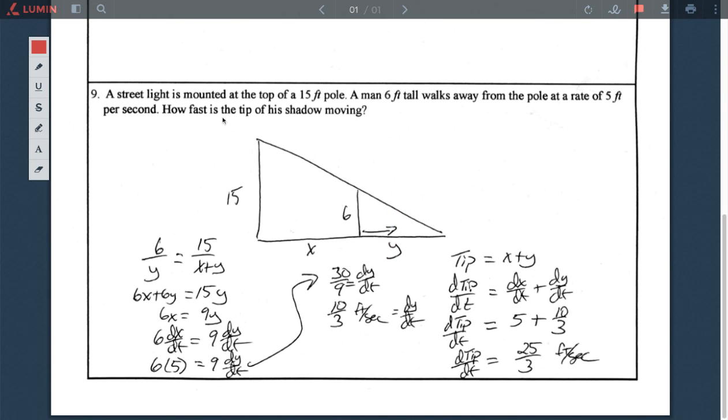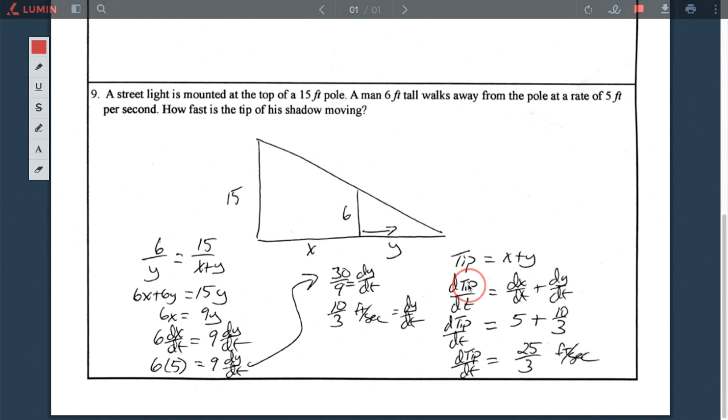However, this problem wants to know how fast the tip of the shadow is moving. The tip of the shadow, how fast it's moving, is how fast this whole side is changing. The whole side tells me how fast the tip is moving. So this whole side, the tip, is going to be x plus y. So I need the derivative of this.